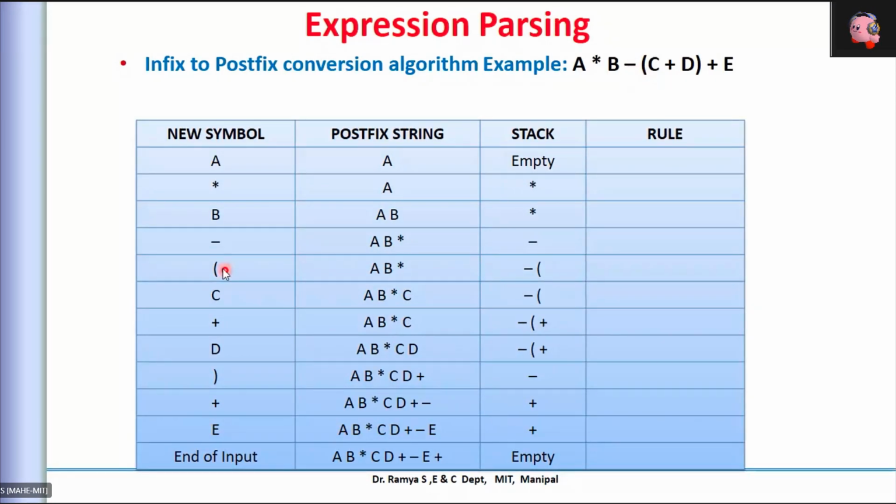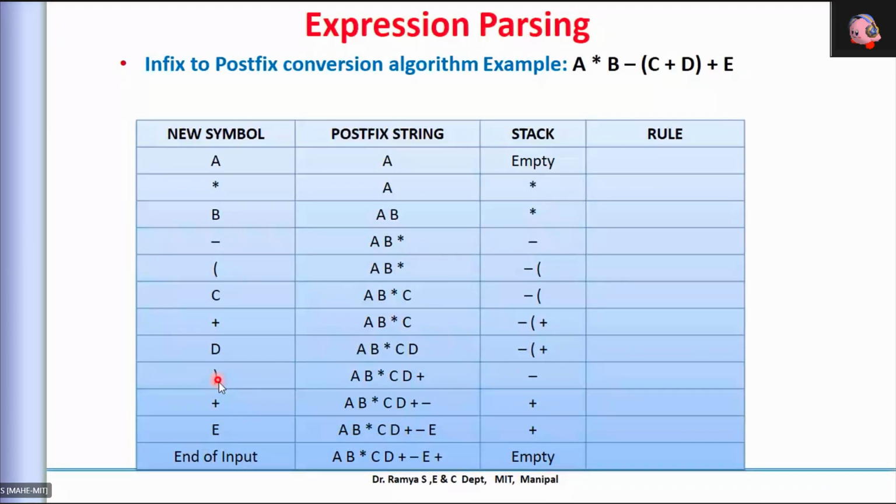The moment it encounters this parenthesis, this particular information will go here. And whatever literal comes, see, then you have a plus, it is going to be updated here, and it will be waiting for the closing bracket. If you see the stack here, it is waiting until the closing bracket.